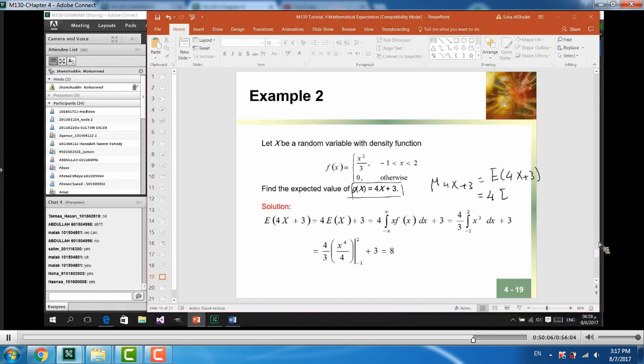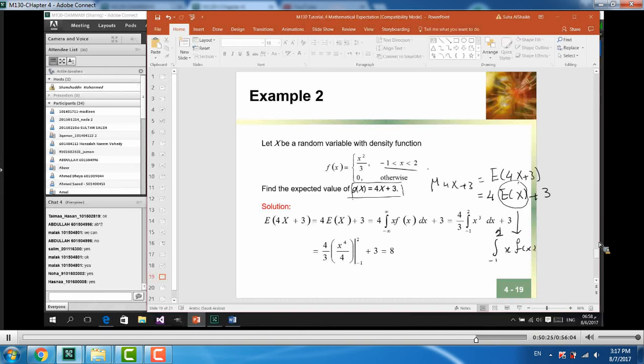The expectation of x is simply the integration of x f(x), from -1 to 2 for our case. So here they did that, with the 4 outside and the 3 inside.